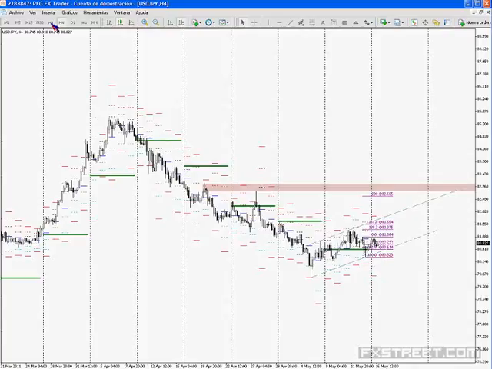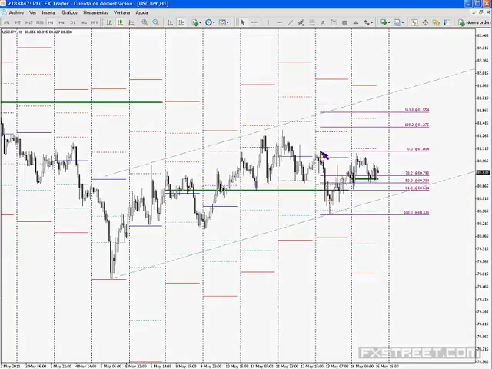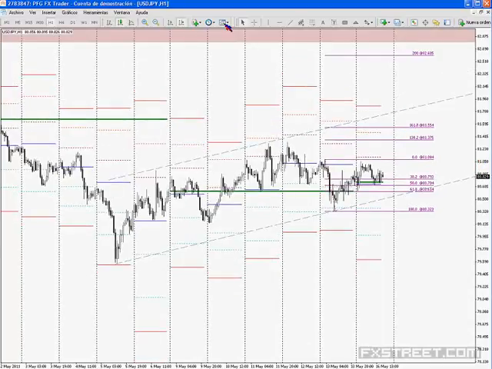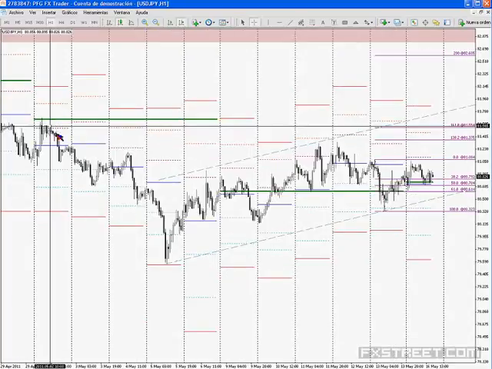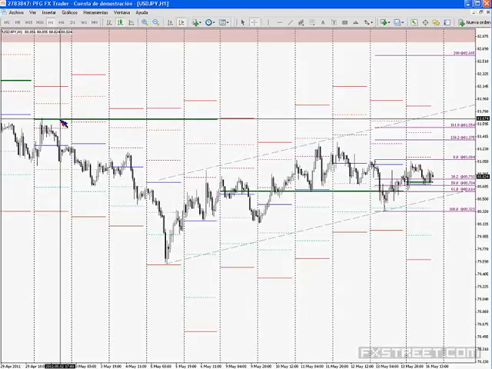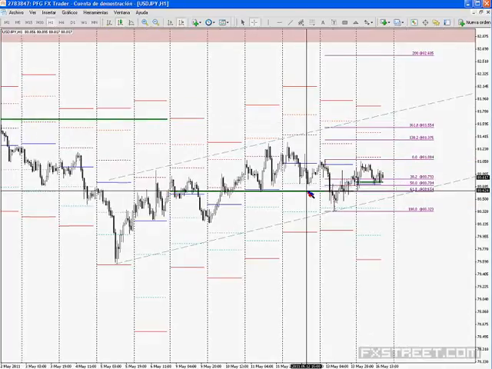Today I've plotted a Fibonacci extension taking yesterday's trading range. We see that the 161 level was more or less confluent with this supply area here, which was limited by last week's pivot level, the weekly pivot.